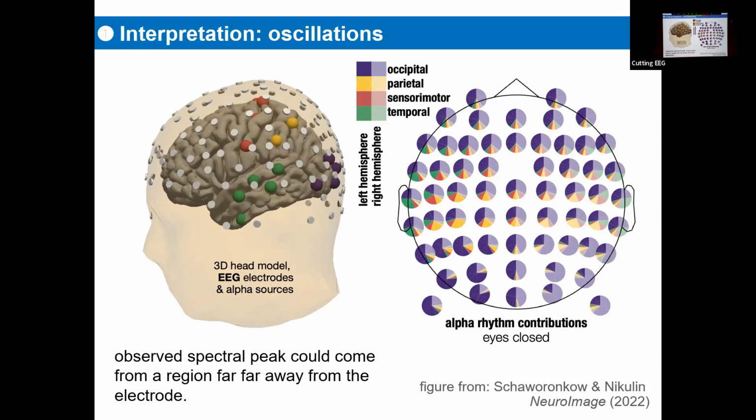So you can read these little pie charts as contributions to the signal variance, to the signal power in the alpha band specifically.